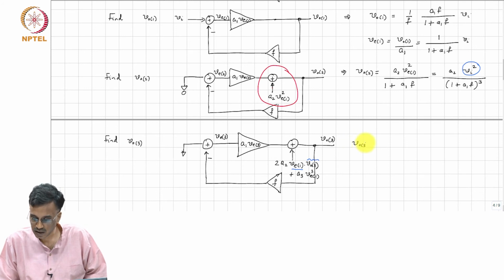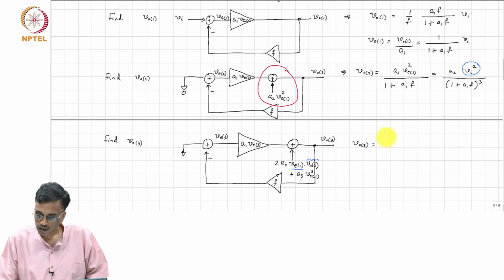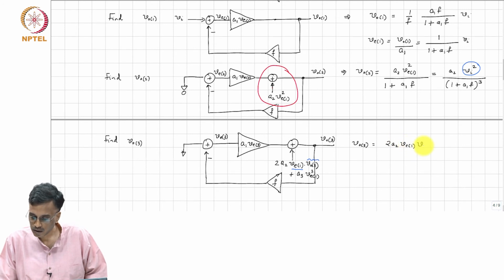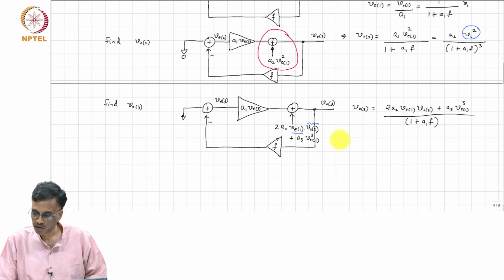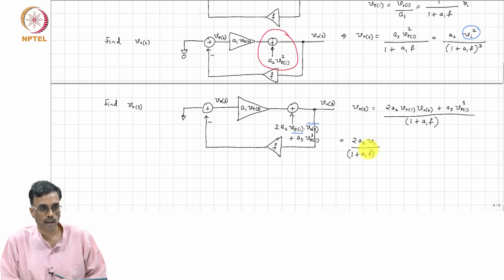So, VO3 therefore must be equal to 2A2 times VE1 times VO2 plus A3 times VE1 the whole cube by 1 plus A1F, which is nothing but 2A2 times VE1, which is already known, VI by 1 plus A1F. VO2 is nothing but VI square.